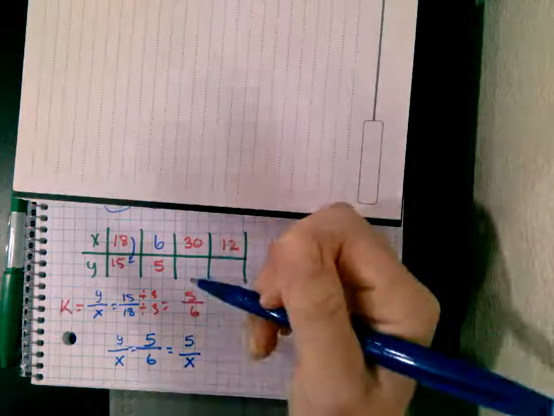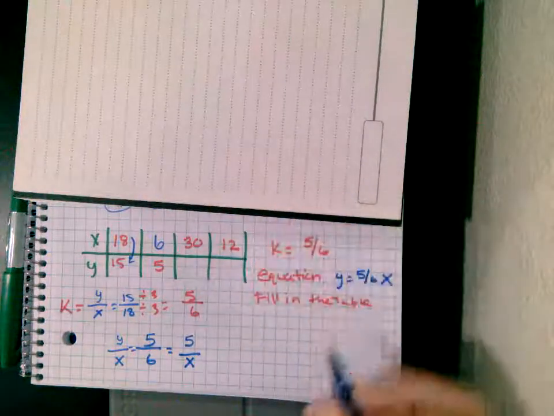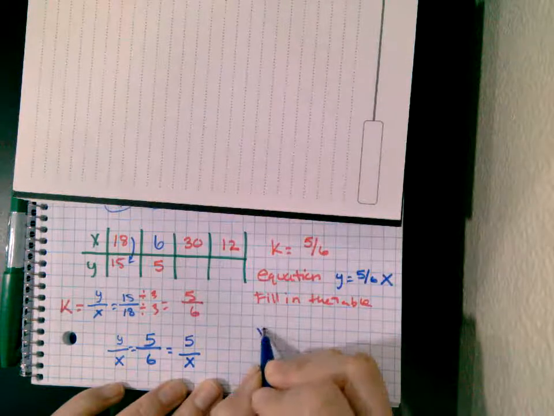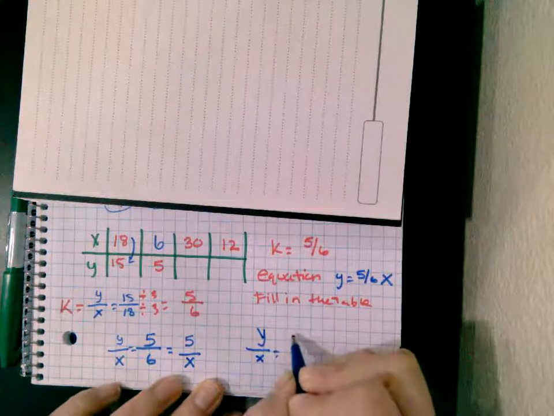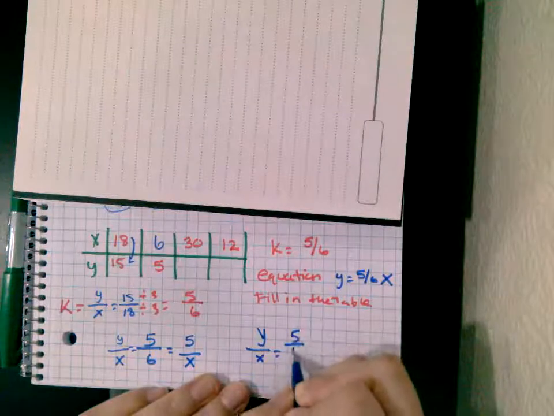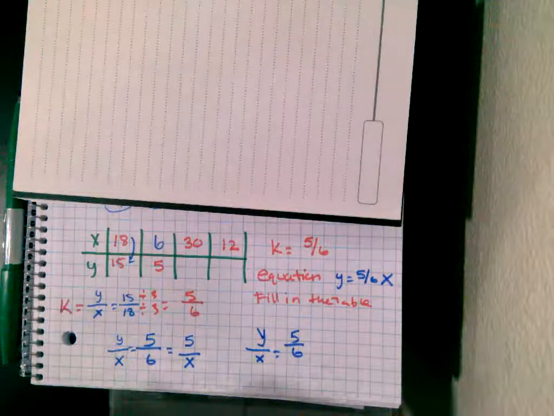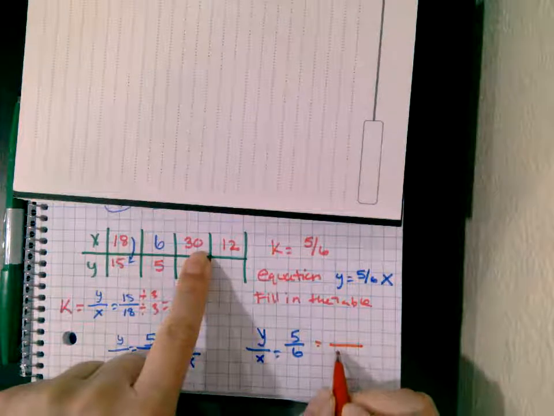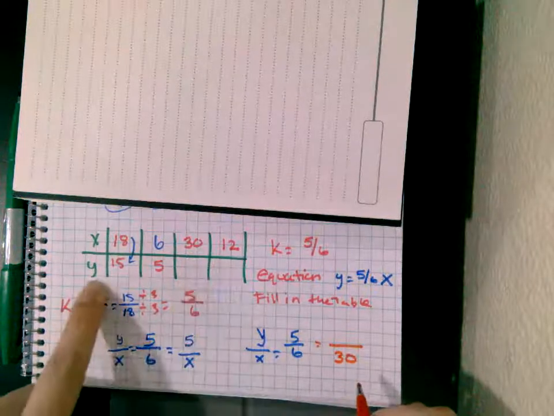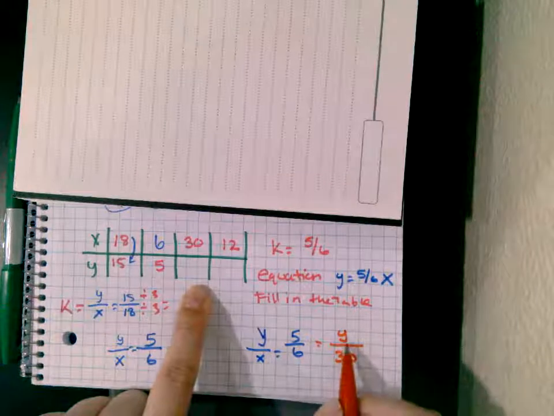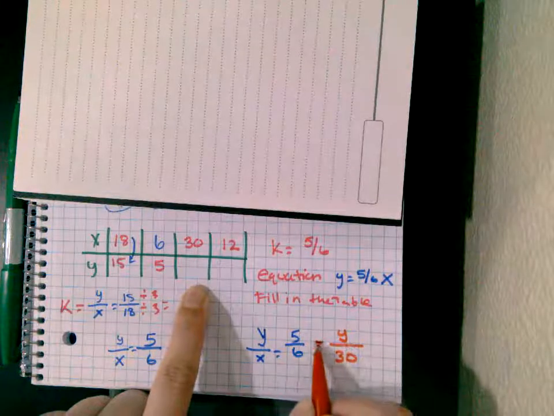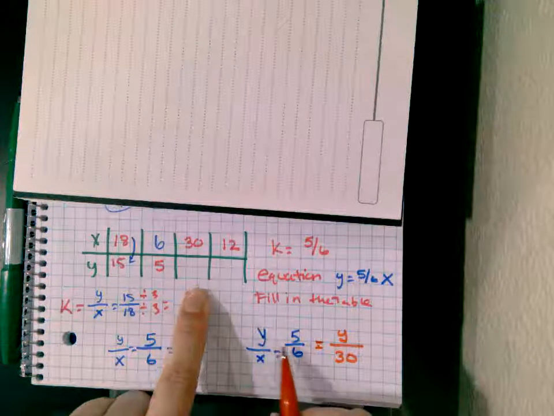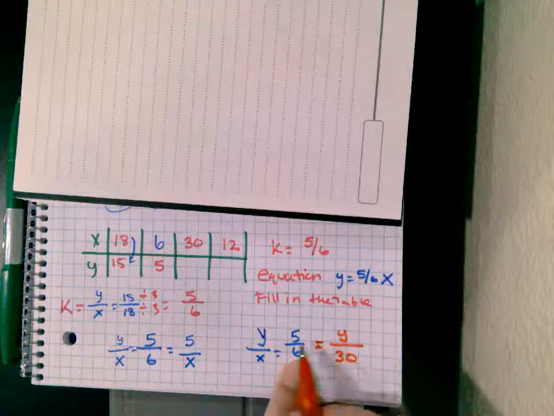All right, that was pretty easy. Let's do the next one. Again, I know that it's y over x, which is my unit rate of 5 over 6. Here, I'm telling you that the x is 30, so I'm going to plug it into the position of the x. And here, I don't know what y is, so I'm going to leave it as a y. But knowing that when y is 5, x is 6, I'm going to plug it in.